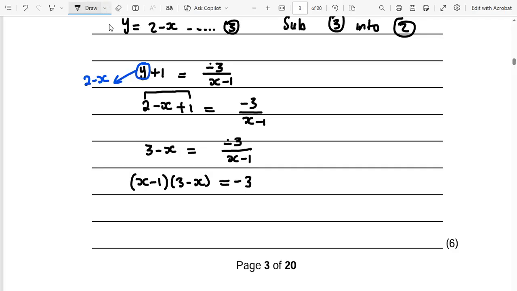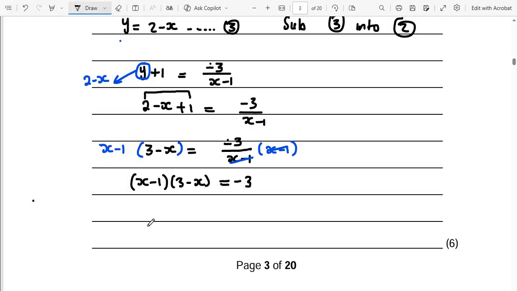If I take this side and multiply it by x minus 1, and I take the other side and multiply by x minus 1, what you do on the left hand side, you do on the right hand side. This will cancel, so I think you understand why on the other side I only have minus 3. So what's next?